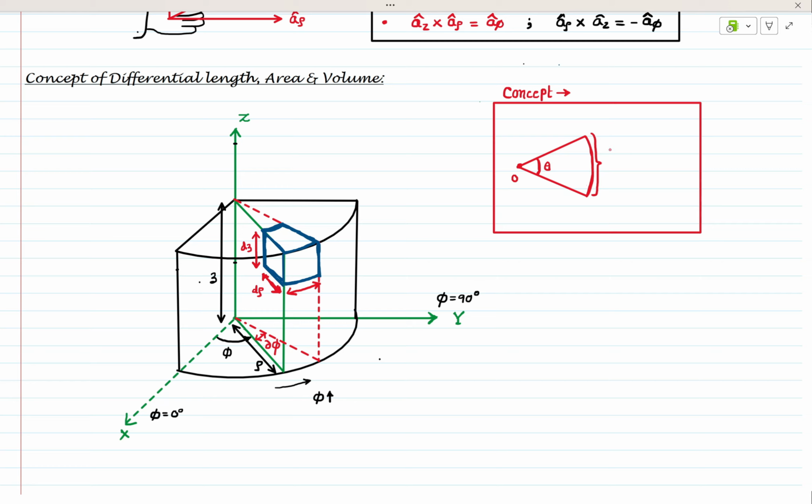Know this very carefully. If the radius is denoted by r, then the distance covered by this radius within this angle theta can be given as s equal to r theta. I think you know this formula.